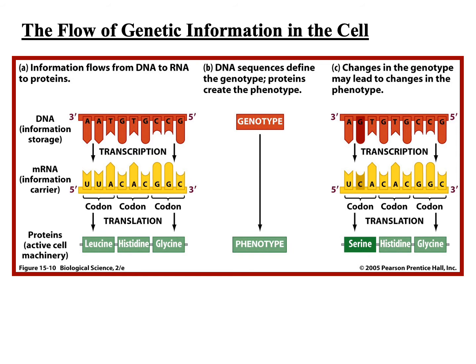Now, with transcription, what happens, in summary, is that one of the strands of DNA is utilized as the template to synthesize the RNA molecule. What you can see very clearly in this figure is the sequence complementarity that holds true in this transcription mechanism.